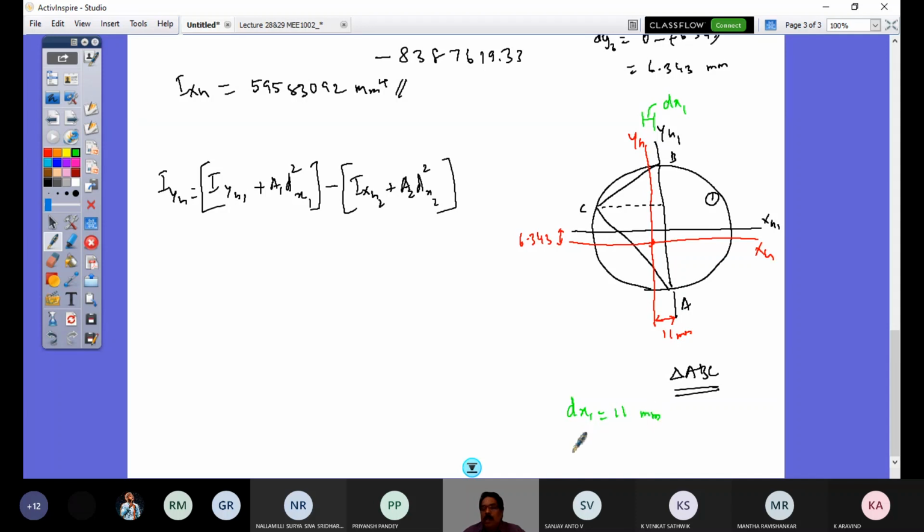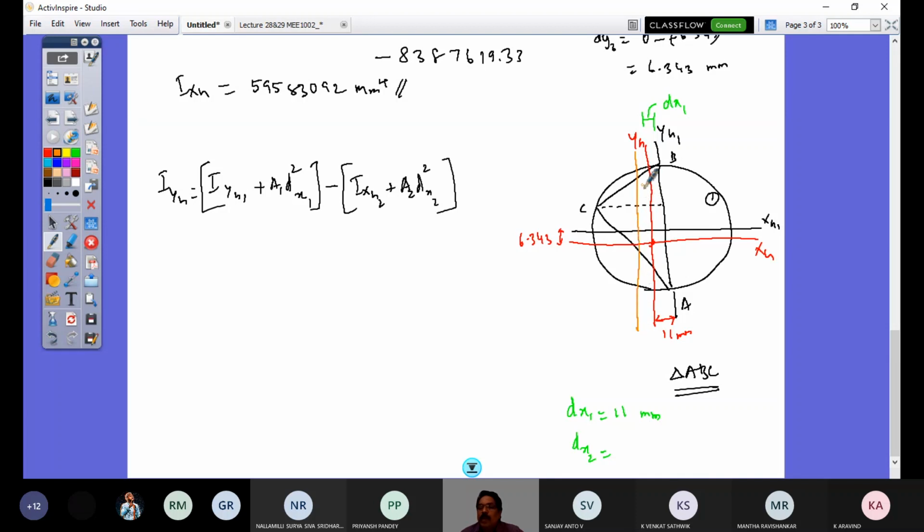right? What is dx2? So dx2 means I require yg2 axis. So where is it located? Yg2 axis is the centroidal axis for this triangle ACB. So that would be located parallel to this.